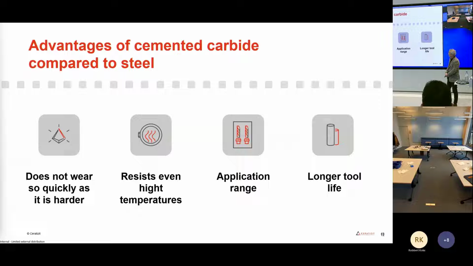So what are the advantages of using tungsten carbide compared to steel? The wear resistance is much higher compared to steel parts, even hardened steel. We always say where the hardness of hardened steel is limited, there we begin with our hardness.